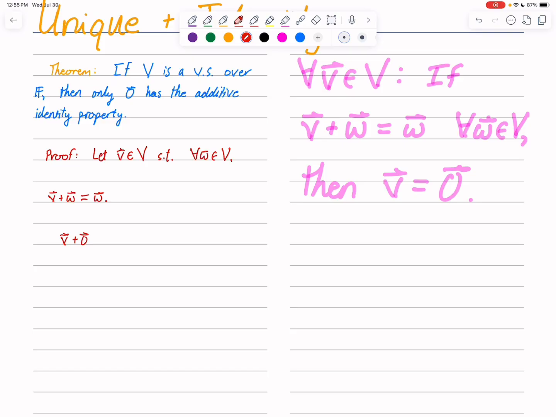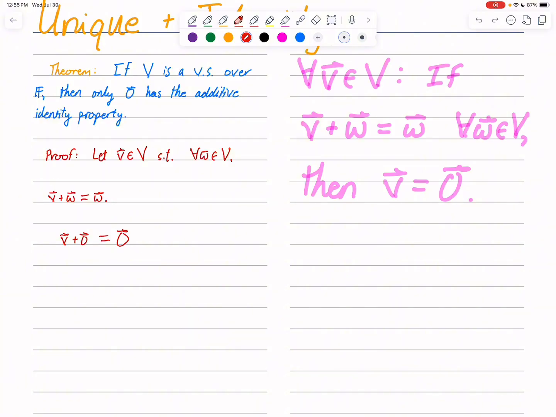So let's write this. We're adding them together. We know we can because they're both vectors in the vector space, and because of the properties we've assumed, we know that this must equal the 0 vector because of the property we assume v has.